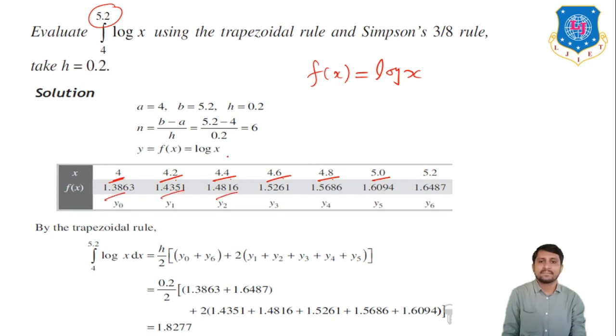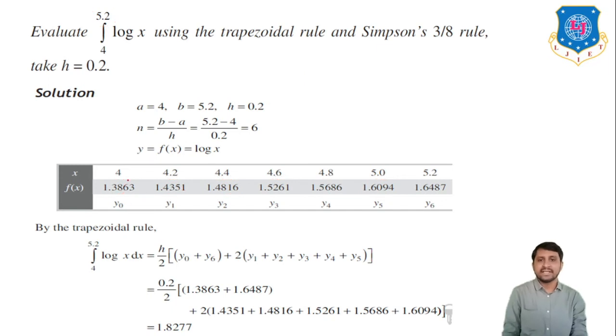Log 4 is 1.3863, then the values of log 4.2, log 4.4, log 4.6, log 4.8, log 5, and the value of log 5.2. So y0, y1, y2, y3, y4, y5, y6.